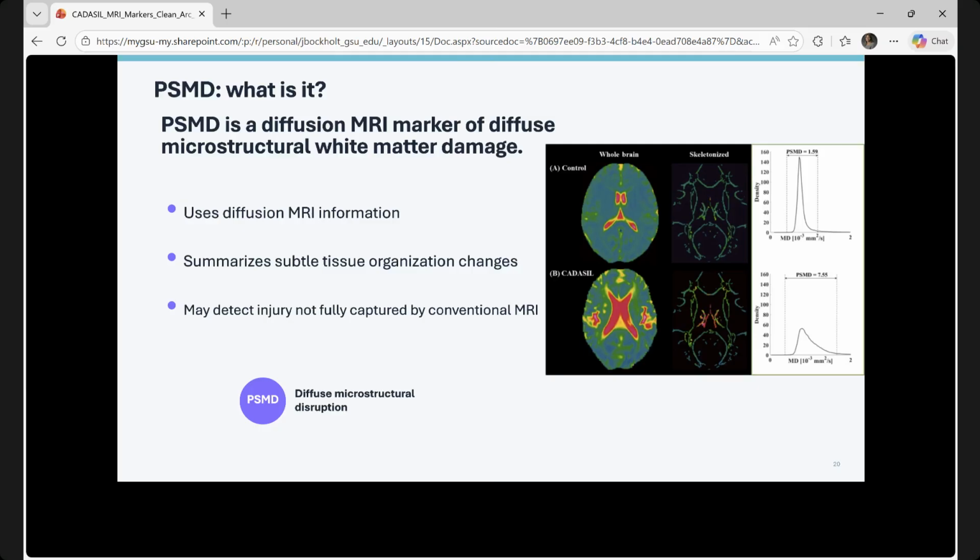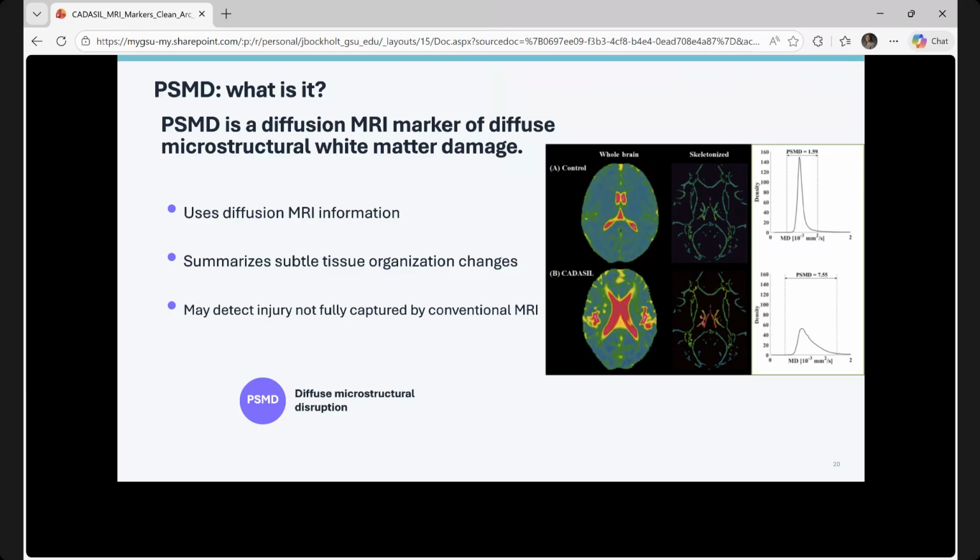And so on the top row, you see a control image where you can see that within the white matter, there's very little diffusion occurring. You do see much more diffusion occurring in gray matter, and you would expect that.